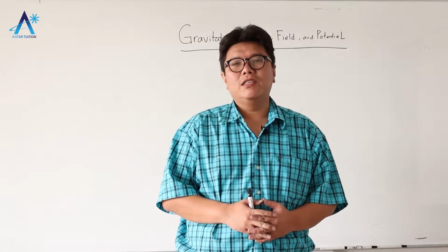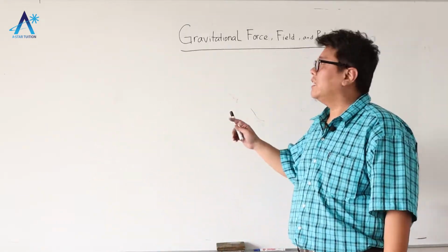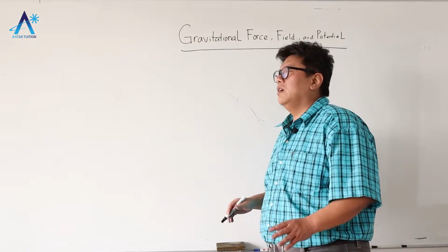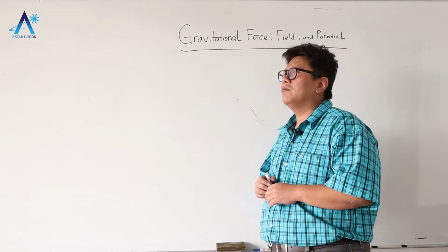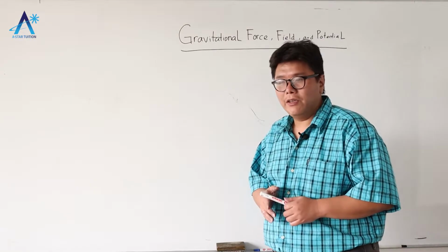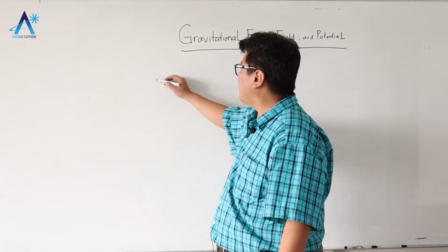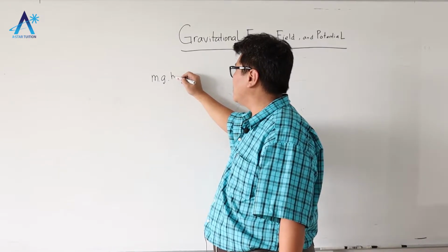Now let's start to discuss gravitational potential energy and gravitational potential. In the second part of the dynamics video, we talked about gravitational potential energy, right? We define it as m times g times h.